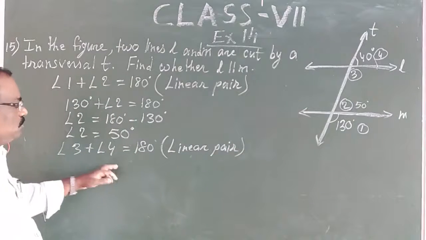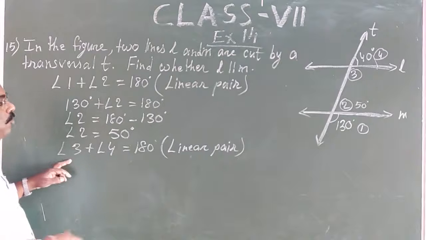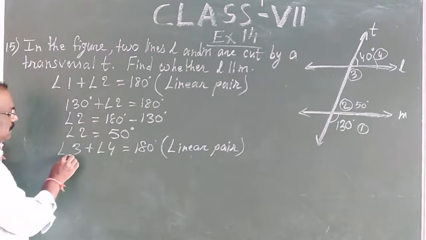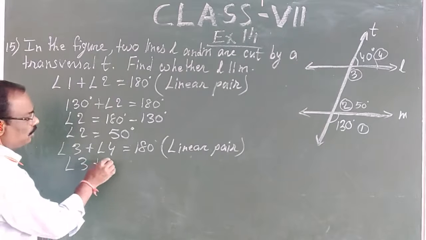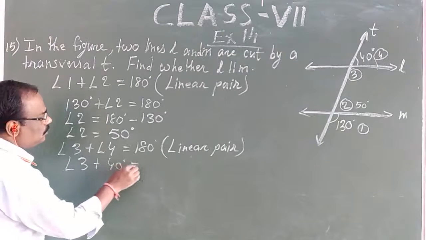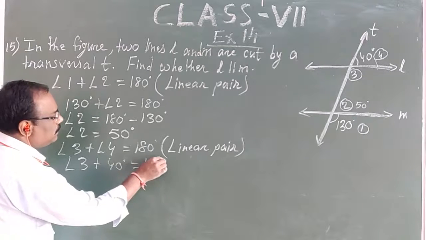Angle 4 is already given to us. Angle 3 is not known. So we write angle 3 plus 40 degree is equal to 180 degree.